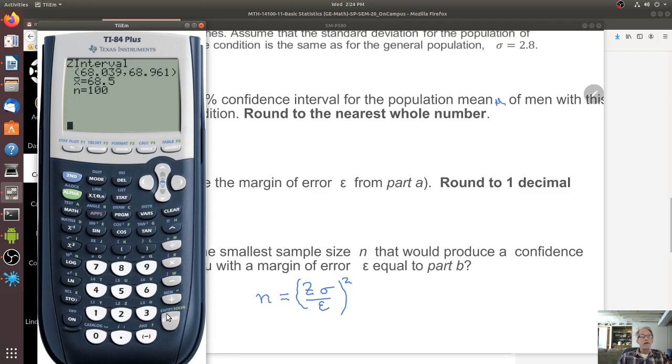There it is. The margin of error is equal to 68.961 minus 68.039 divided by 2.